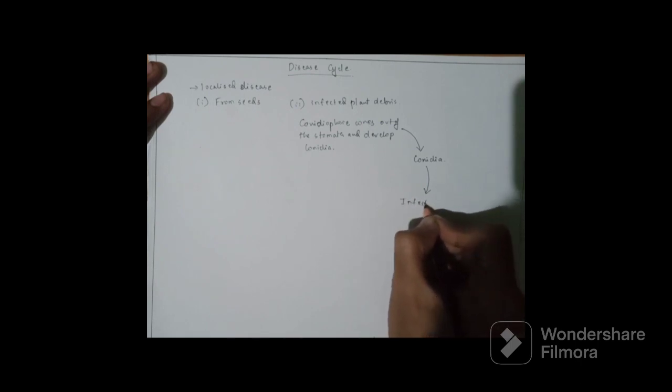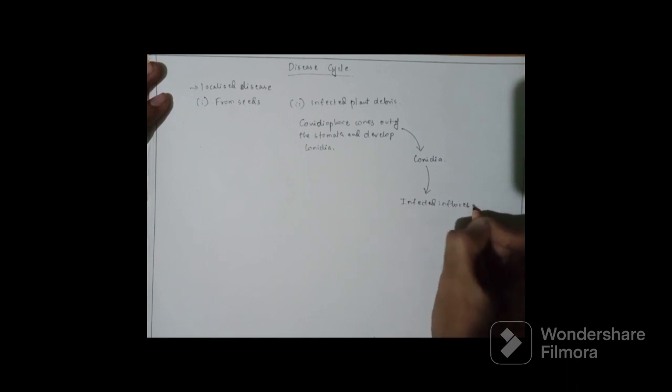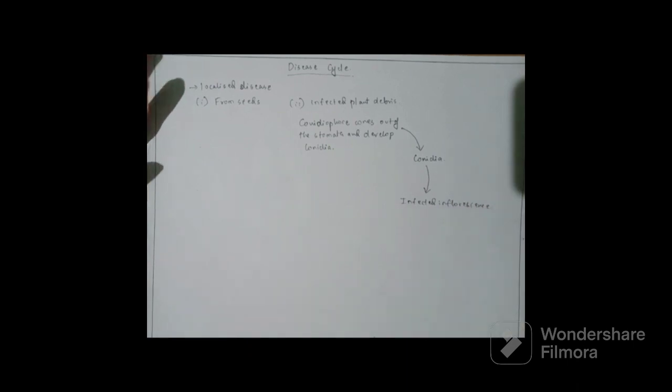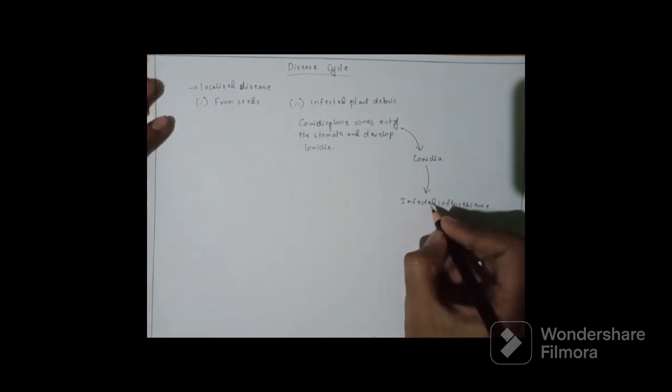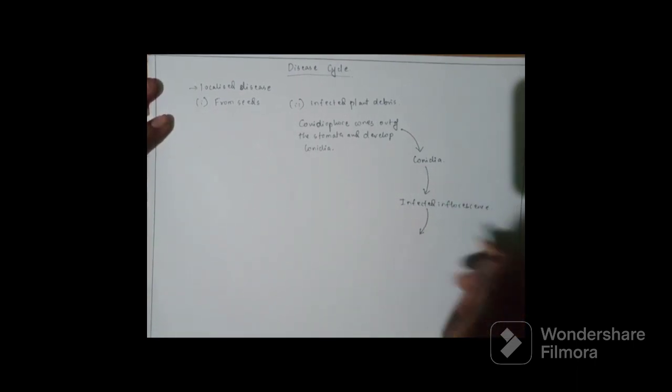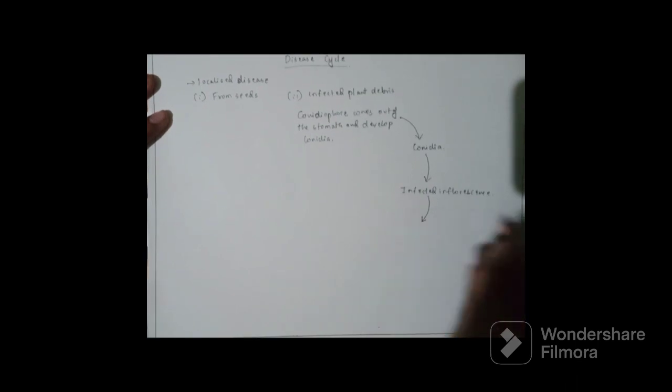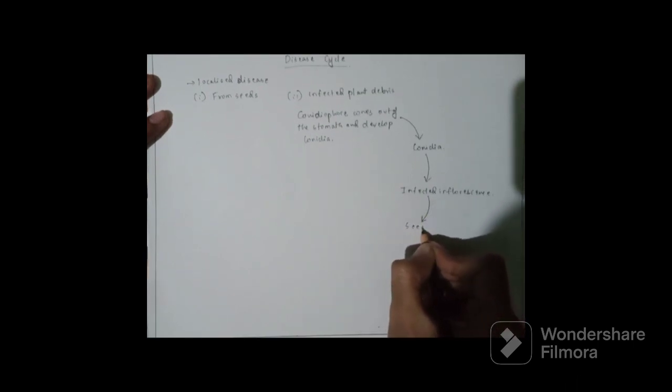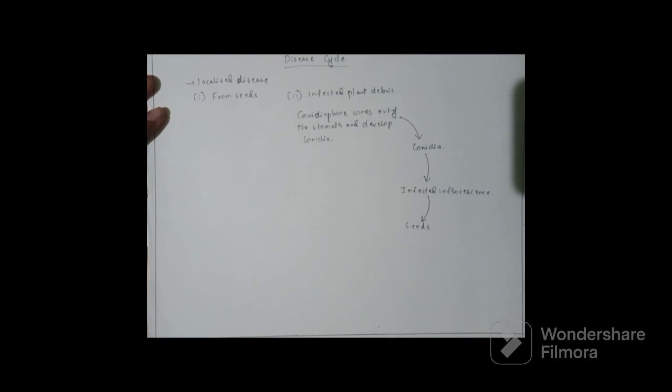Now, the infected inflorescence, obviously this is the part where the infection spreads. These inflorescences contain the seeds. Obviously the seeds get infected.